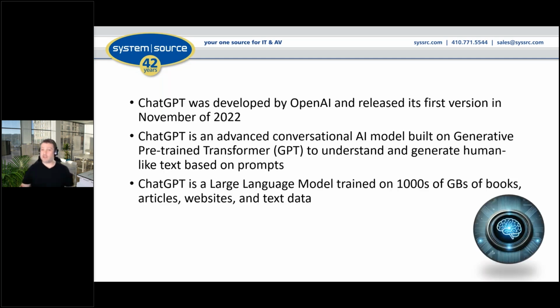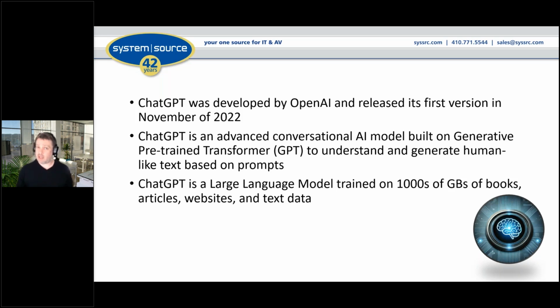Now, if you're new to this whole kind of Gen AI conversation, and this is something that you've maybe heard somebody else talking about, and you're a little curious, maybe a little hesitant, but you're a little curious, so that's why we're here. Let's talk just briefly about what ChatGPT is.